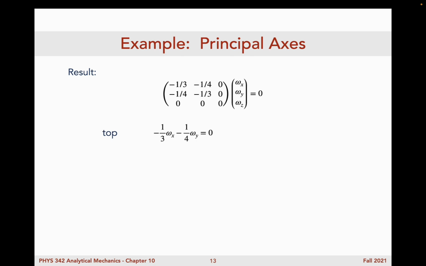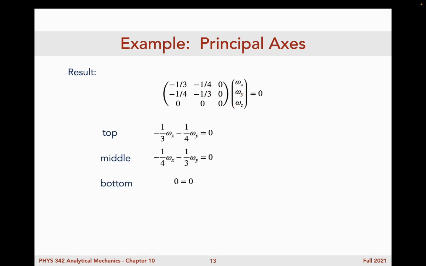So let's look at the top row first. We'll have negative 1/3 times omega x, minus 1/4 omega y, plus 0 times omega z. I didn't include that one because it's just 0. The middle equation gives us negative 1/4 omega x, plus negative 1/3 omega y, and then a 0.